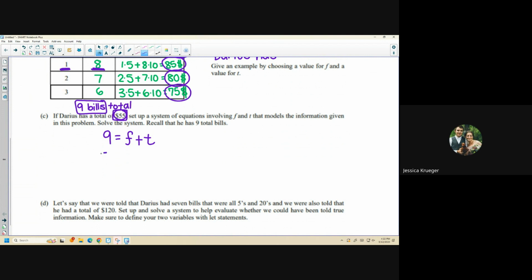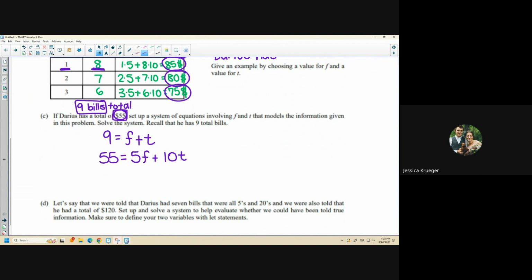When I start talking about money, this is where I can't take the number of $5 bills and say that that equals my money. I have to take how much a $5 bill is worth and multiply it by the number I have, and then take the amount a $10 bill is worth and multiply it by the number of tens that I have.